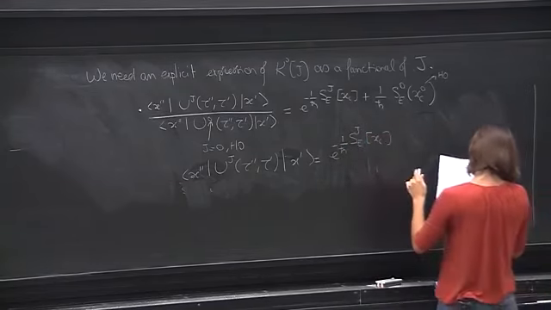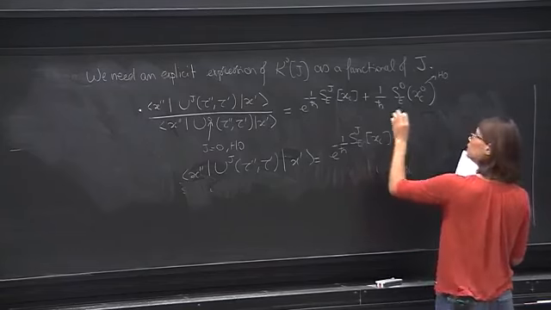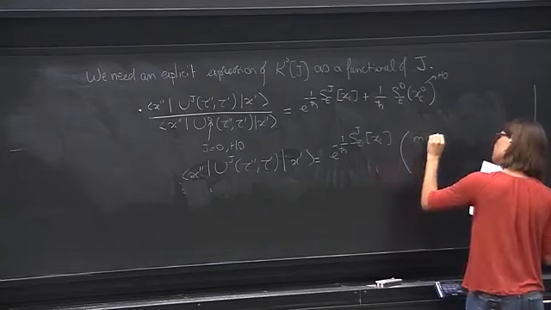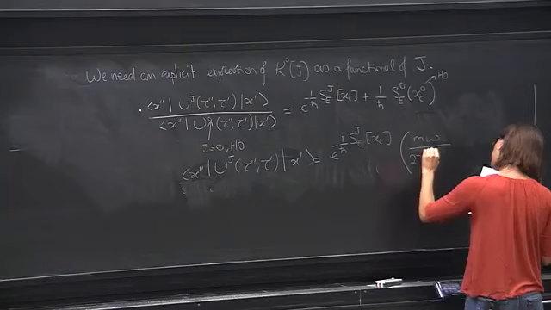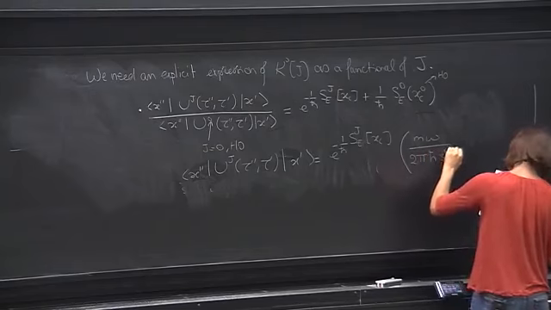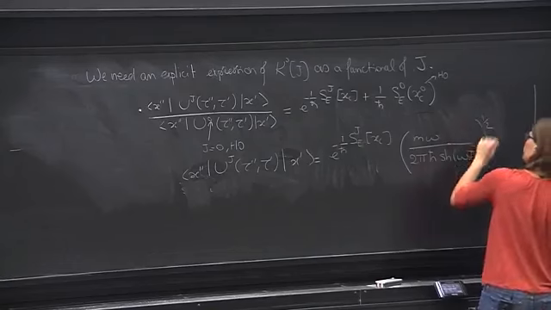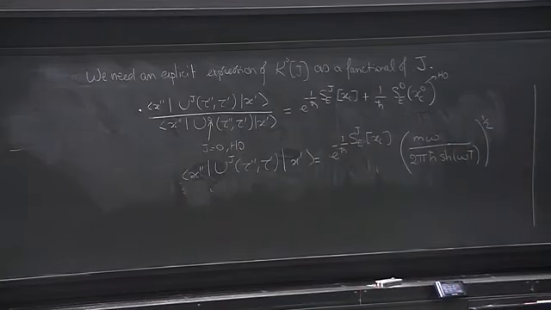And then we just end up with some normalization, which comes from the case with the harmonic oscillator. So it's the same factor as, okay, and so this factor is exactly the one we computed for the harmonic oscillator.